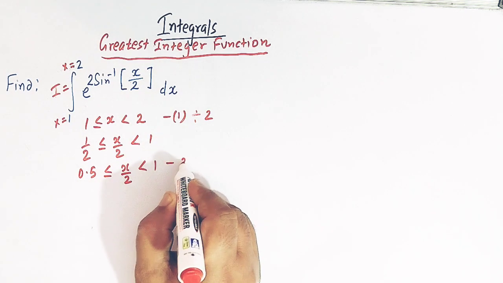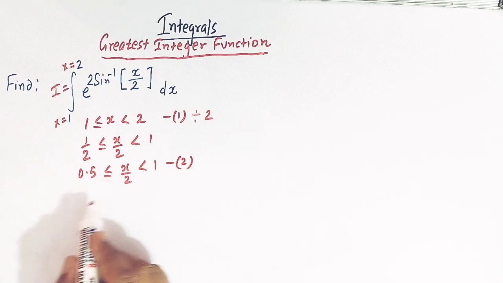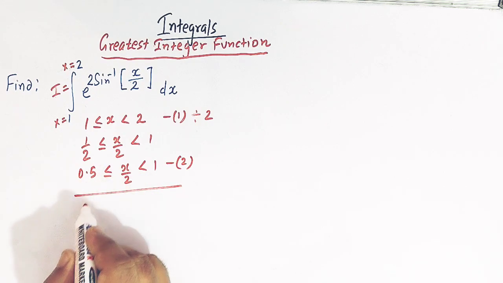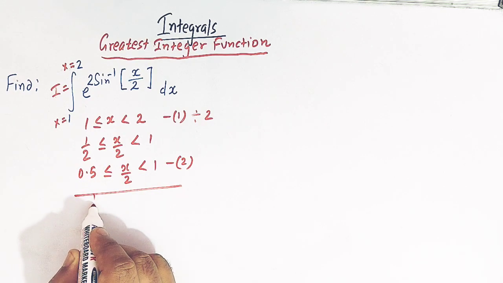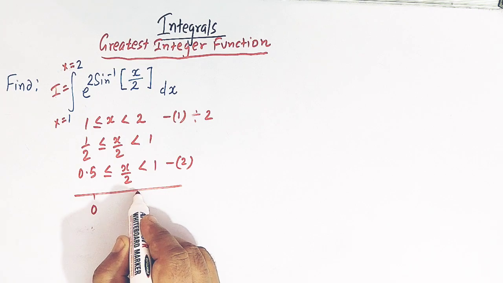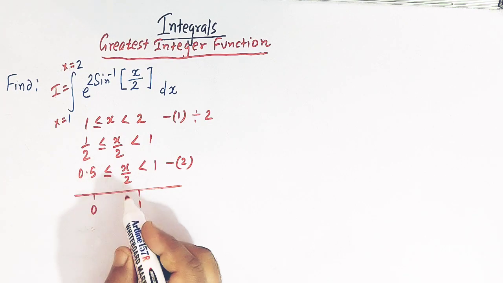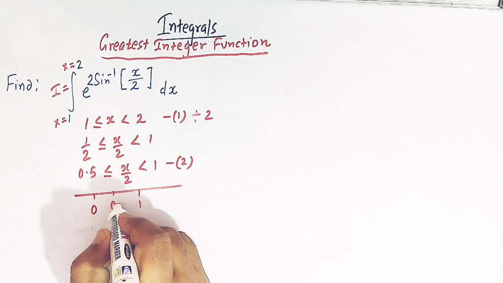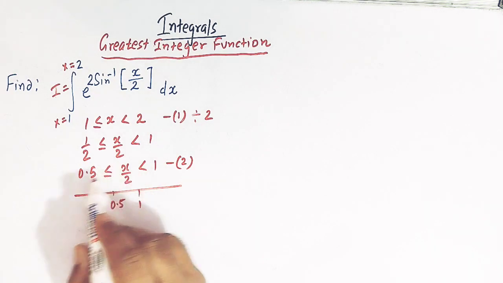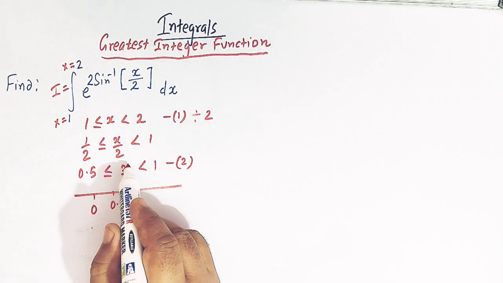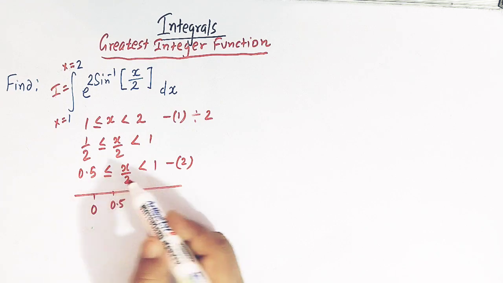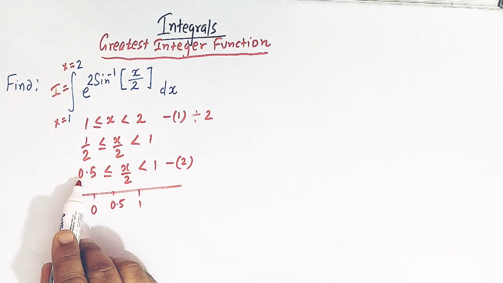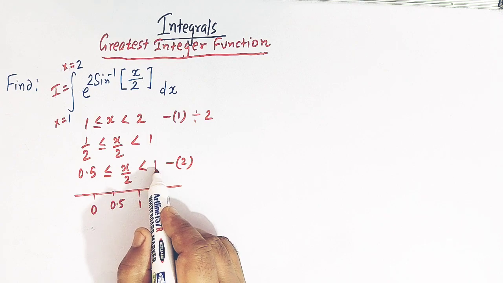So this inequality suggests that x over 2 lies somewhere between 0.5 and 1.